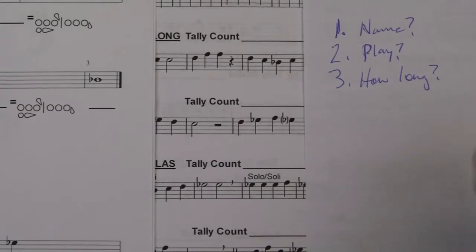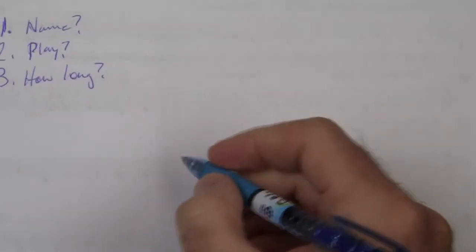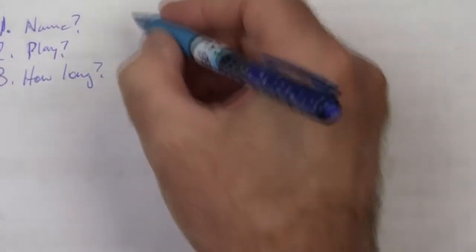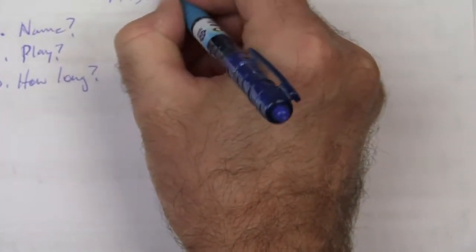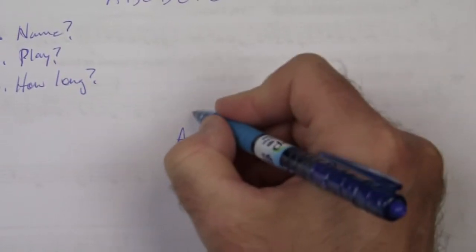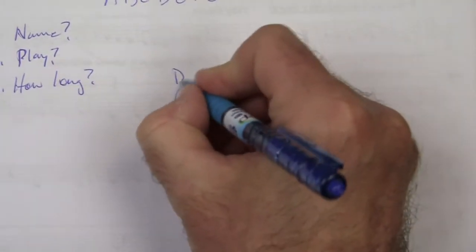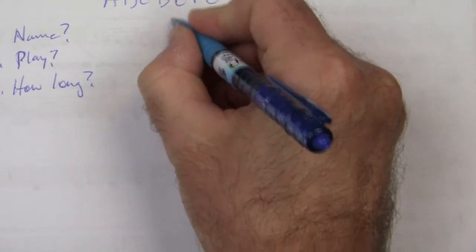Well, you may remember that we have a musical alphabet. The musical alphabet is basically A, B, C, D, E, F, G. Instead of writing it left to right, we're actually going to write it from bottom to top. A, B, C, D, E, F, G. That's how we do the musical alphabet.